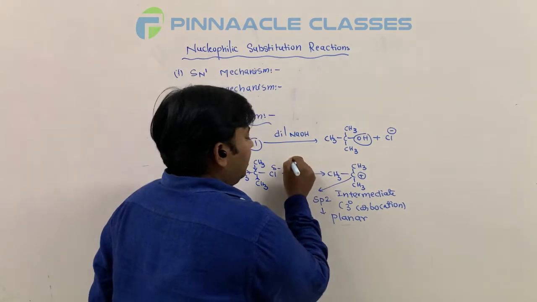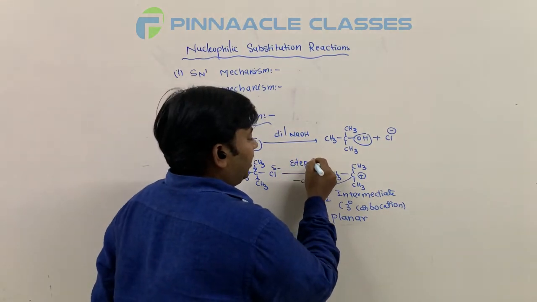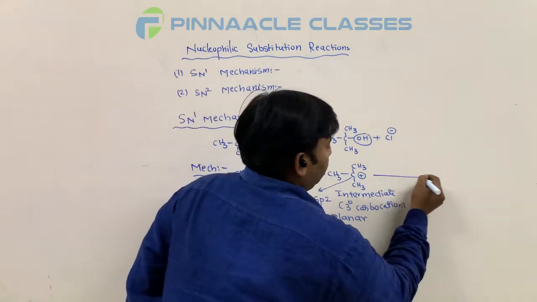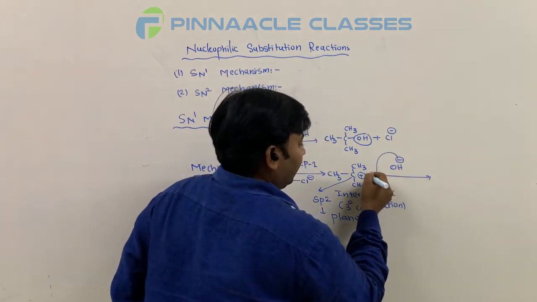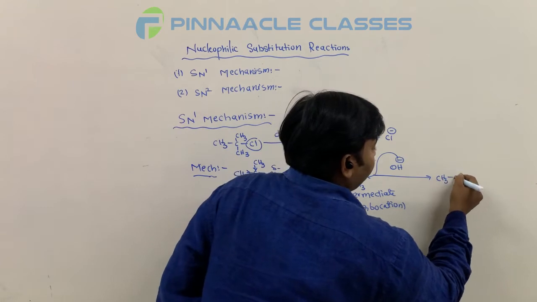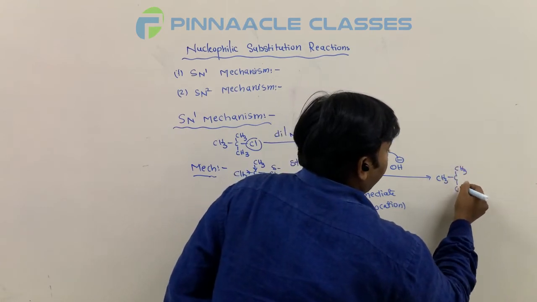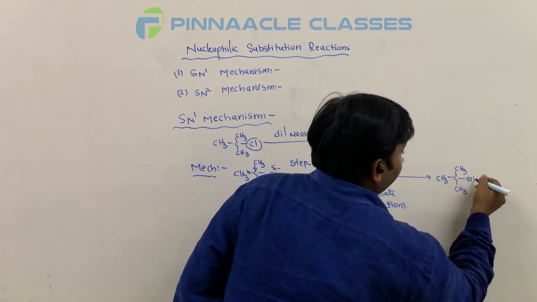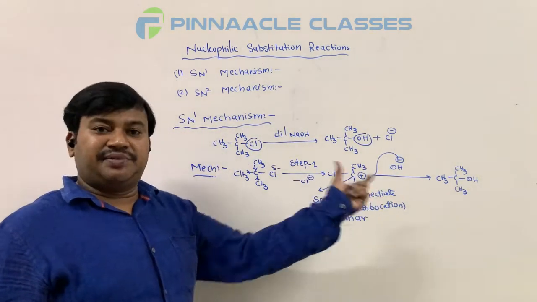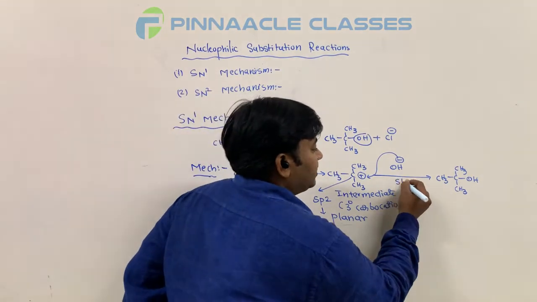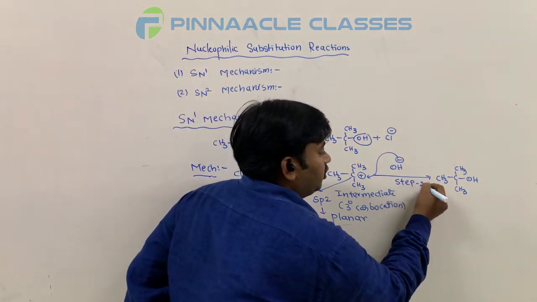This is step 1 we are taking here, and then step 2. What is the nucleophile I am taking here? OH minus will attack, and here you will get tertiary butanol. So this is basically the SN1 mechanism. How many steps does it follow? Two steps, step 1 and step 2.